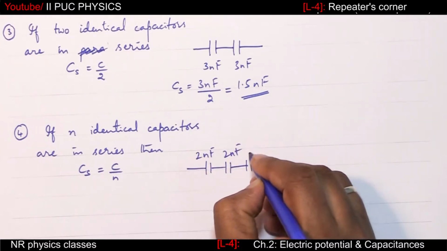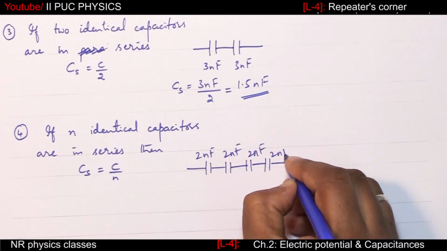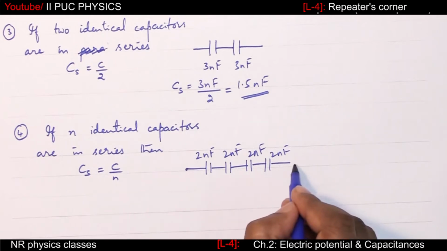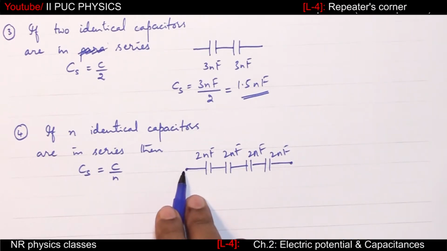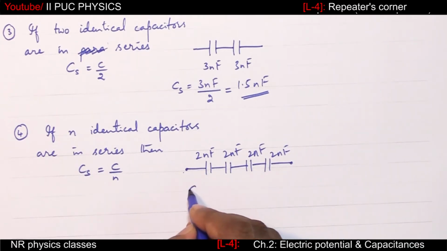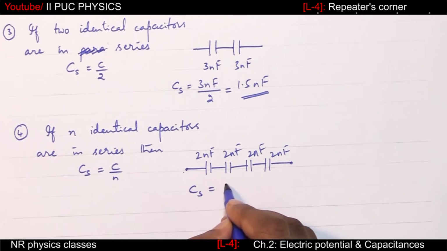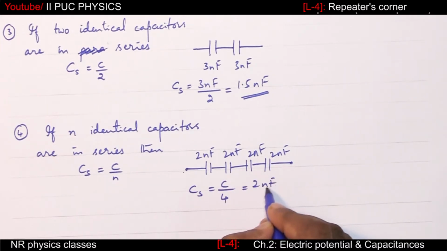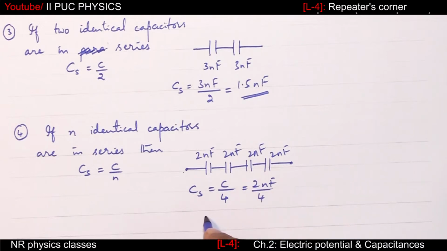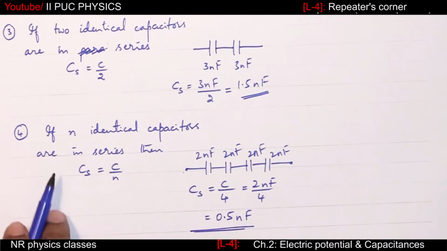Then series equivalent of these four capacitors is Cs equal to C by 4. C is 2 nanofarad by 4, equal to 0.5 nanofarad. So this is how you can use this formula.